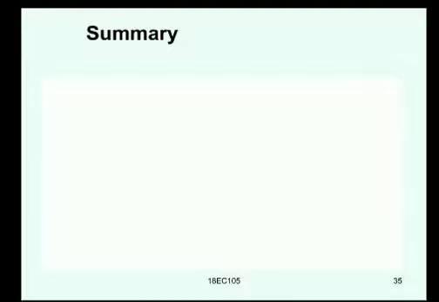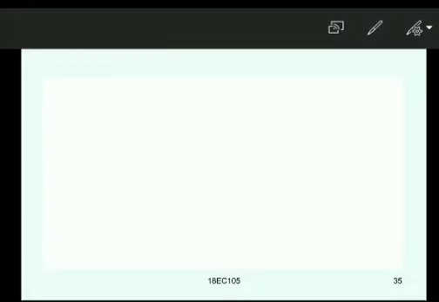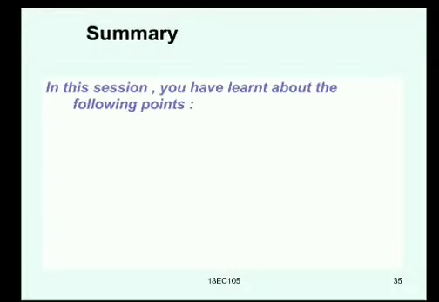Now let us conclude this session by looking at the summary of what we have seen till now. In this session we have learnt about the following points. Number one is the definition of a rheostat.